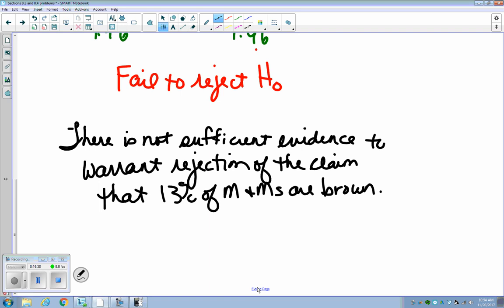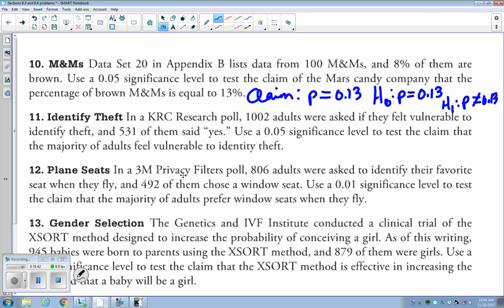All right, let's go now to number 11, about identity theft. In a KRC research poll, 1,002 adults were asked if they felt vulnerable to identity theft, and 531 of them said yes.